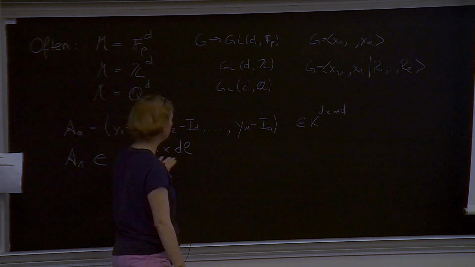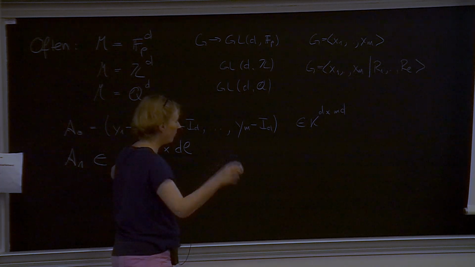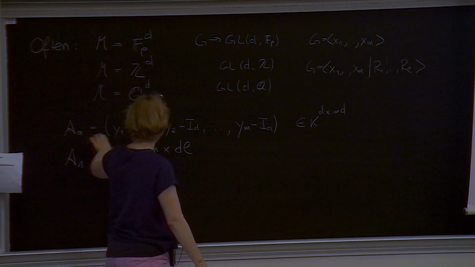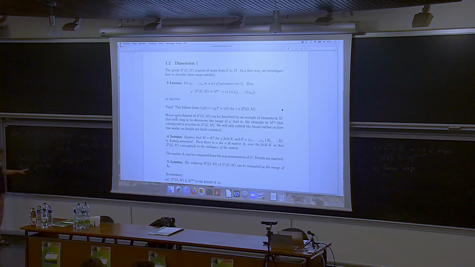For every relation you get a set of conditions on your cohomology map. You list all these conditions in the matrix, fairly similar to this A0 case, and then you get a huge matrix, and this phi of Z1 corresponds to the null space of this matrix.